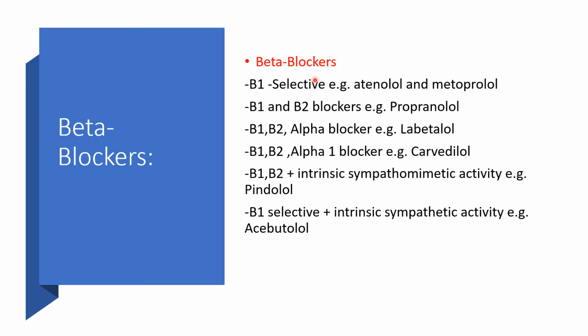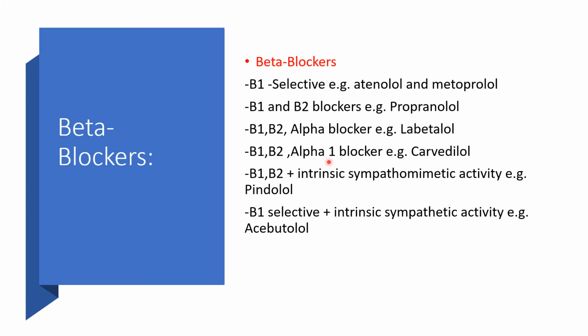Now, the beta blockers. Okay, beta 1 selective, examples are atenolol or metoprolol. Many people will be familiar with this. Beta 1 and beta 2 blockers, that is non-selective, it's propranolol. Beta 1, beta 2 with alpha blockage is labetalol. Beta 1, beta 2, alpha 1 blockage is carvedilol. So labetalol is alpha 1 and alpha 2 blockage with beta 1, beta 2.